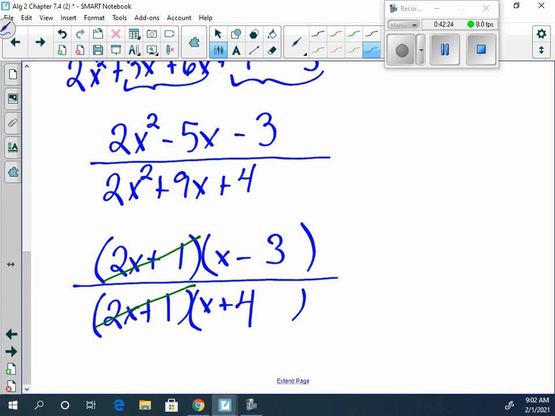Wait, hold up. Let me work out this. 2x times negative 3 would be negative 6x. X times 1 would be plus x. And here we would get... Yeah, okay. I was sitting here like, wait a minute. Yeah, no, I skipped.